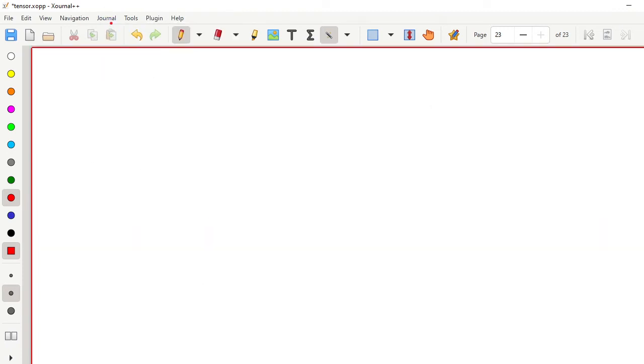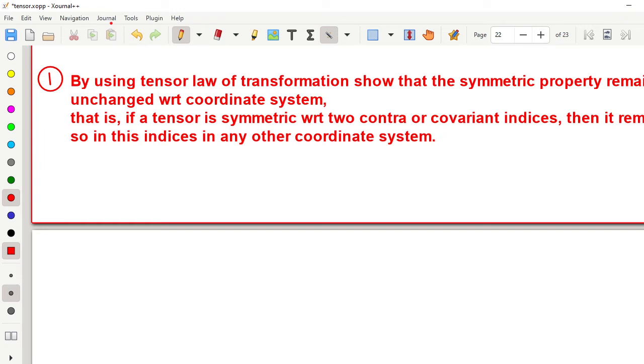It will be very simple. I will be using the tensor law of transformation.